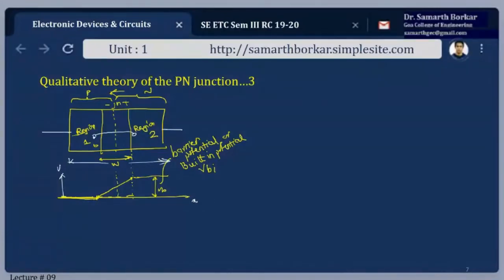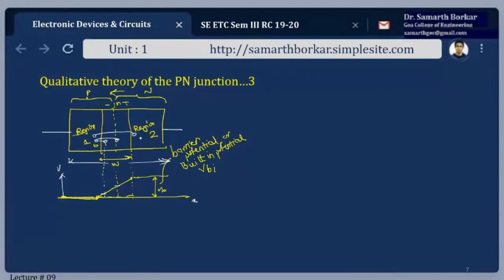Now if this hole has to move here, it will require this much of energy. If this hole has to reach here, then it requires this much of energy. But what is the point here? This hole has to move to the other region, so it has to break this depletion region. It has to penetrate through this, so it has to have this much of a voltage.